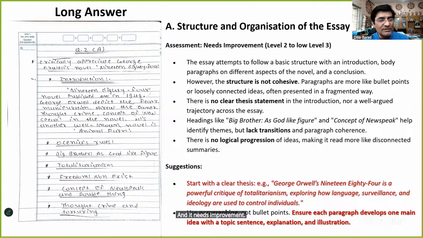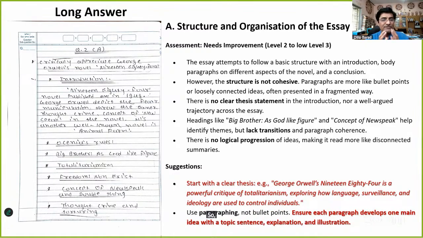But where do you need improvement? Structure is not cohesive, and there is no clear thesis statement. Headings like "Big Brother as godlike figure" or "concept of newspeak" help identify themes but lack transition and paragraph coherence. No logical progression of ideas.